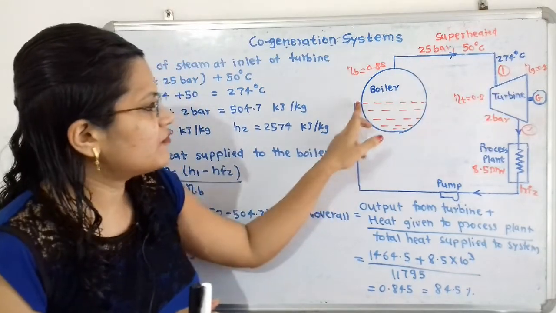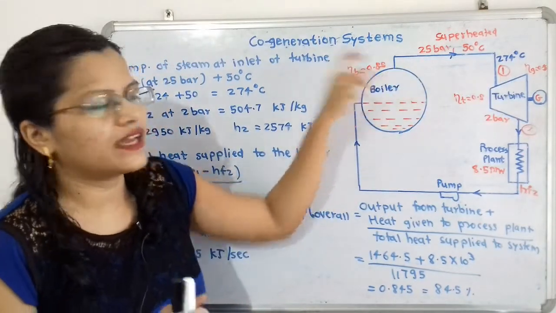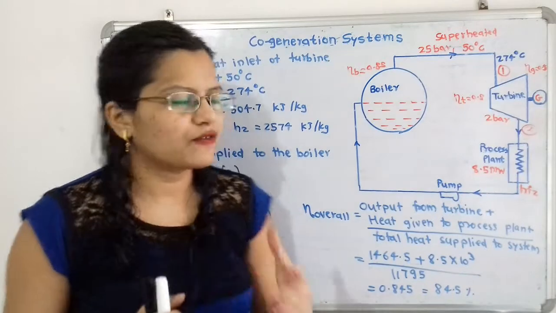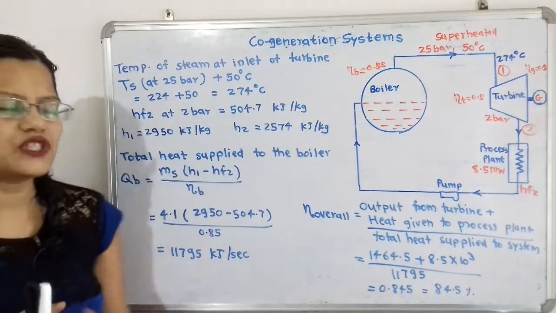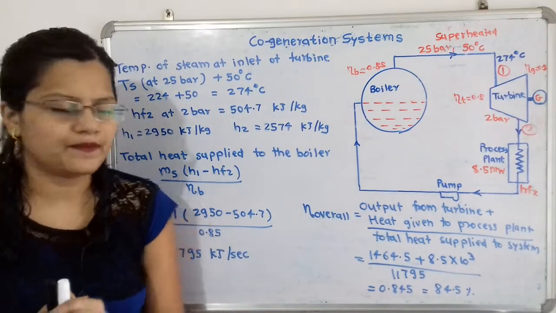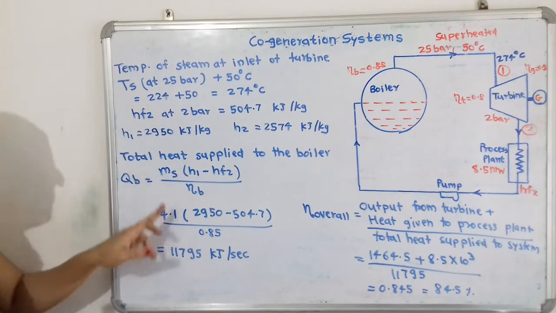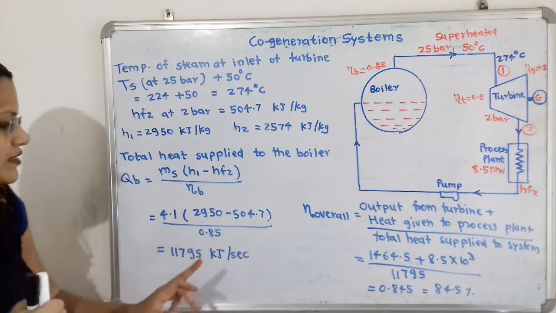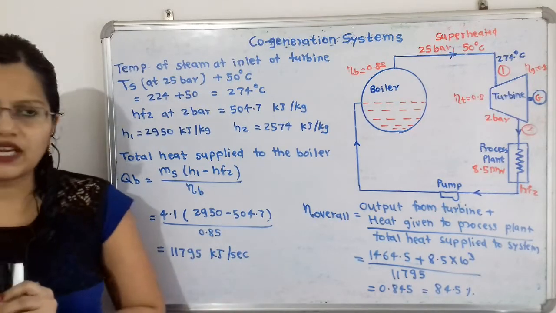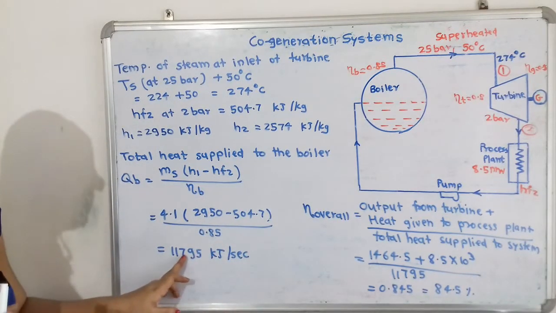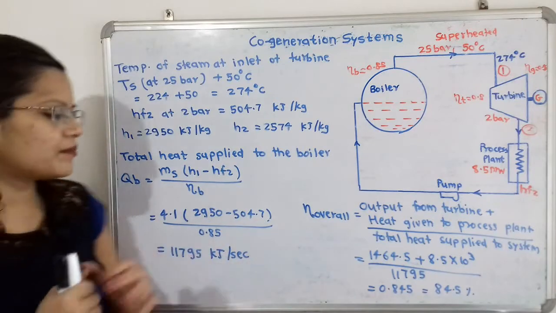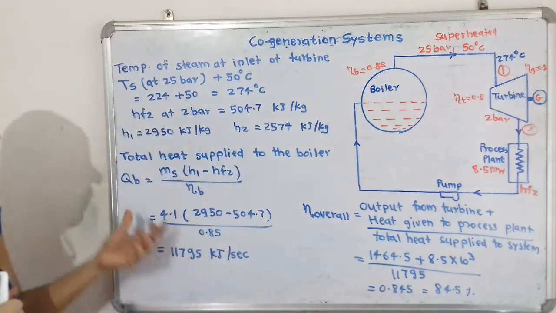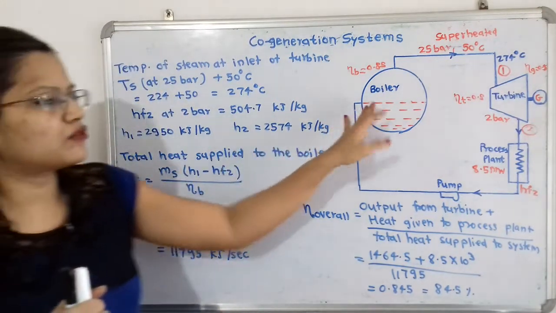So we take the enthalpy difference of HF2 and H1, and divide it by the efficiency of the boiler. We put the values: ms 4.1, (H1 2950 minus 504.7) divided by 0.85. So the answer is 11,795 kilojoule per second. This is the amount of heat supplied to the boiler.